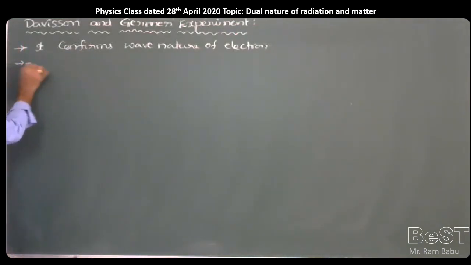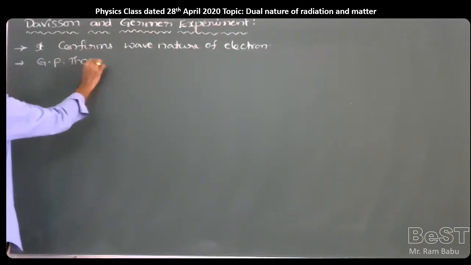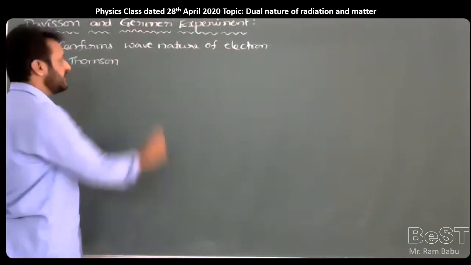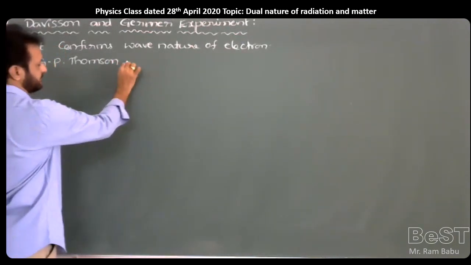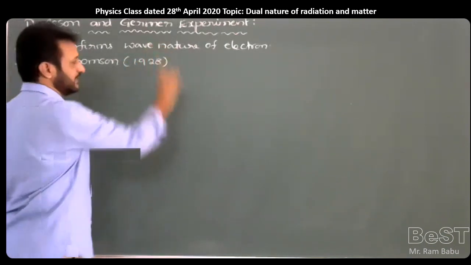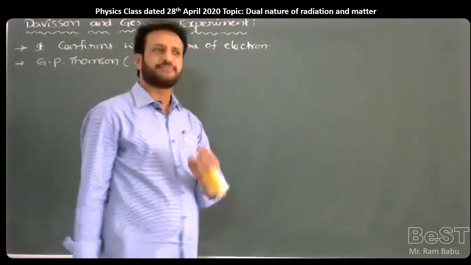But later, one more scientist, G.P. Thomson, in 1928, also conducted an experiment, and he also proved the wave nature of electrons.